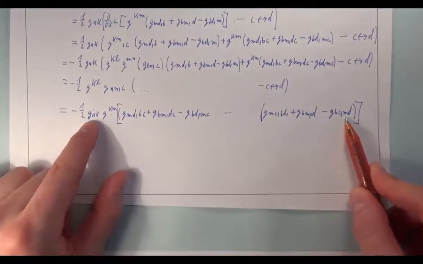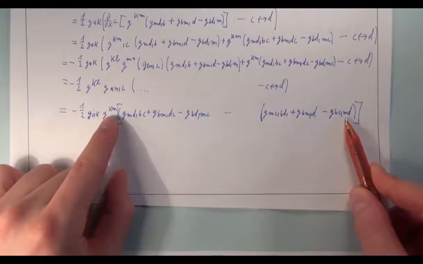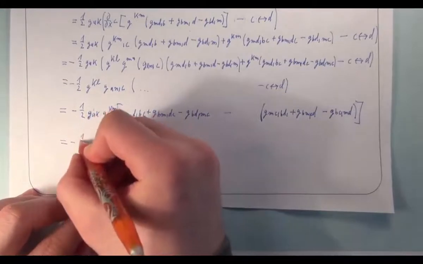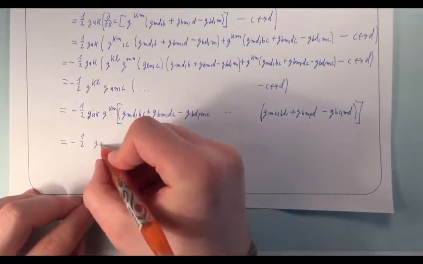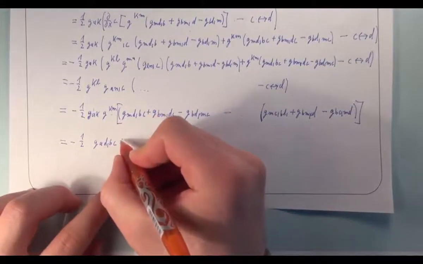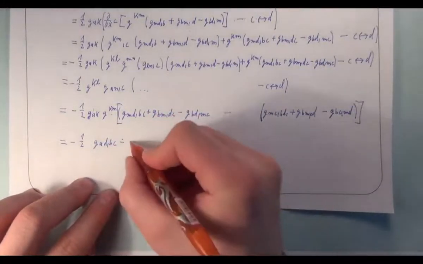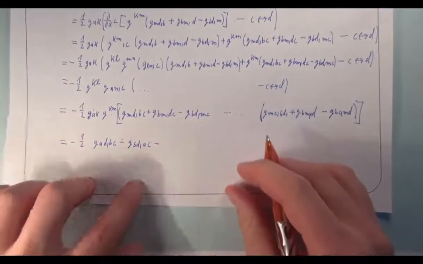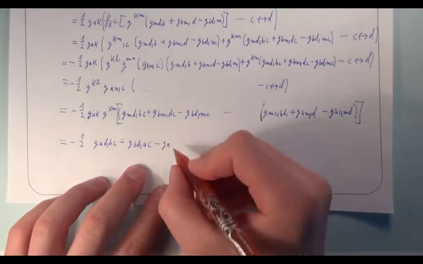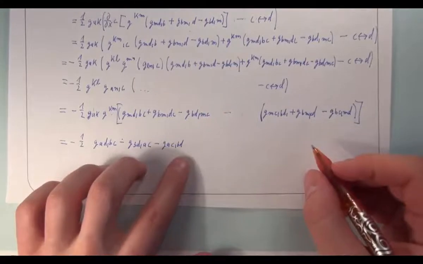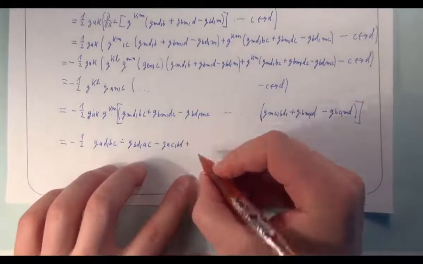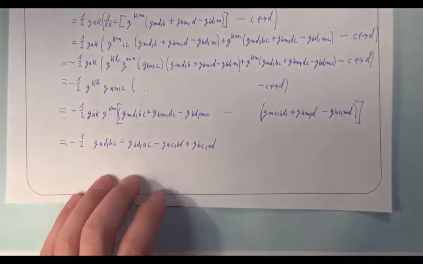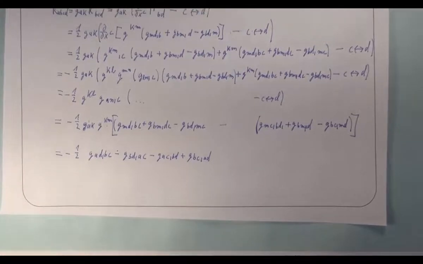And I have here also again a delta AM, so I call all M's A. It's minus 1/2 G_AD,BC minus G_BD,AC minus G_AC,BD plus G_BC,AD. And this is the result we'd like to arrive at.